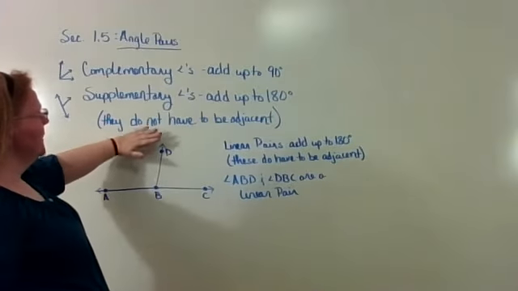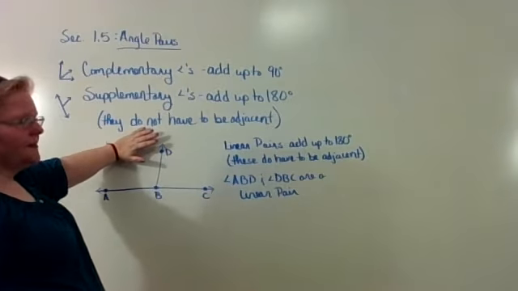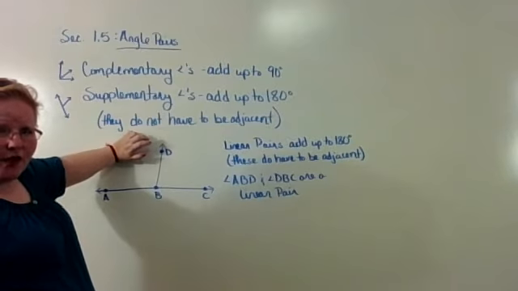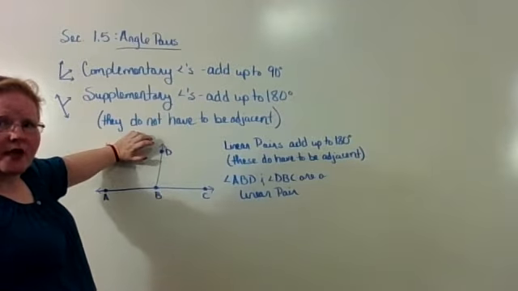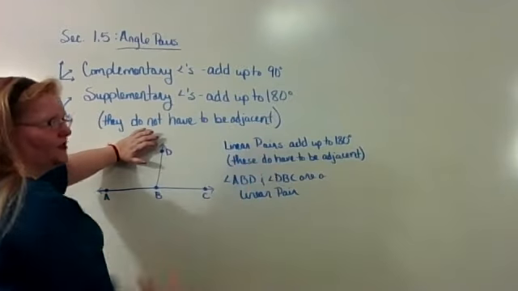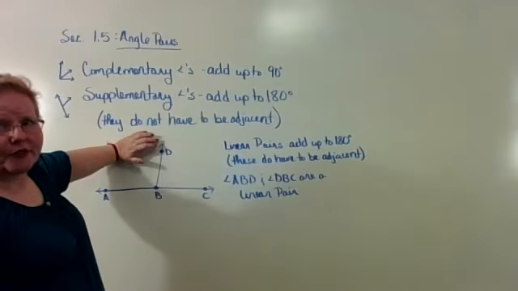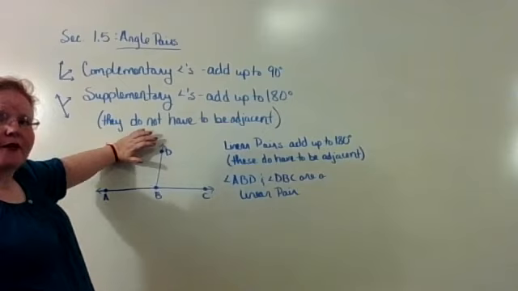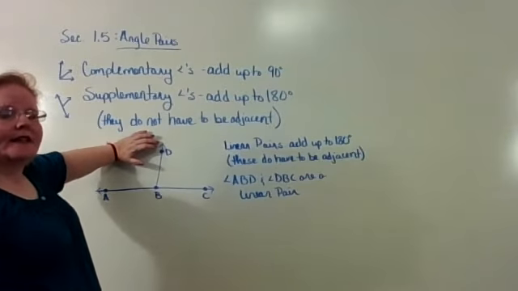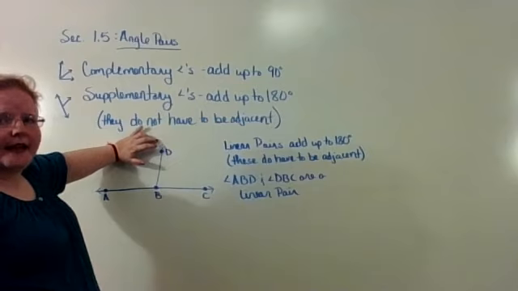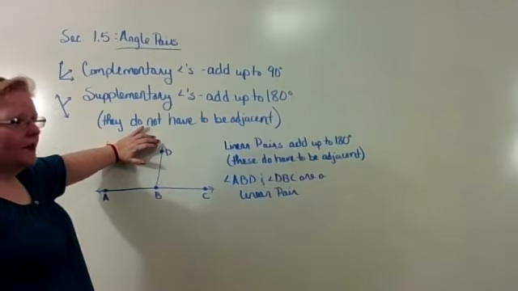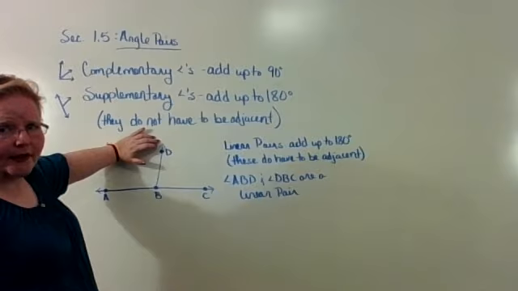You need to keep in mind that just because they're complementary and supplementary, and just because I draw them as adjacent angles, they do not have to be adjacent angles. They can be separate individual, one side of this board and the other side of this board, and still be complementary or supplementary, because all complementary and supplementary mean is that their measures add up to those numbers, not that they are side by side or that they form a special angle.